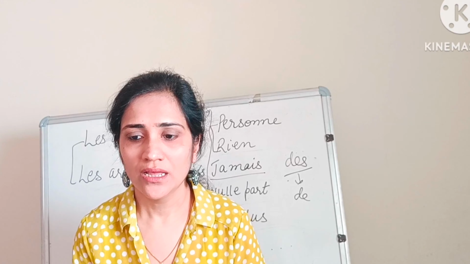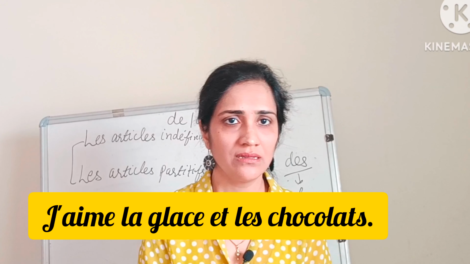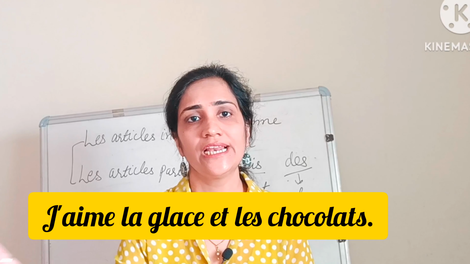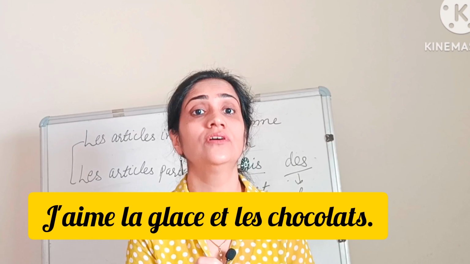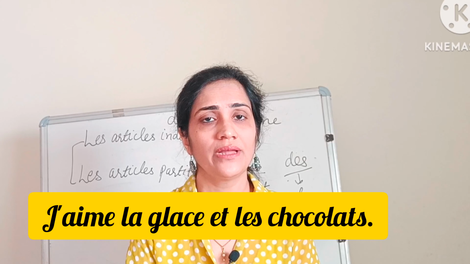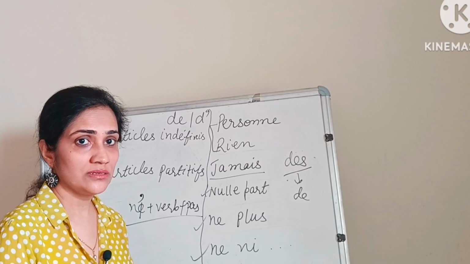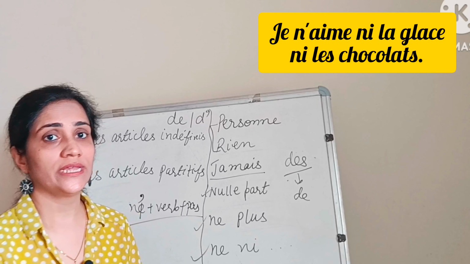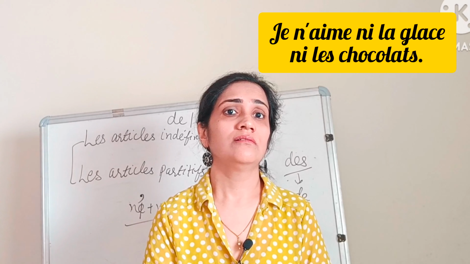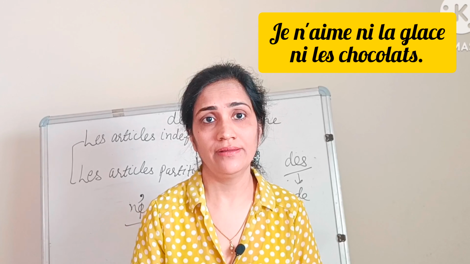Like, if you have to say, j'aime la glace et les chocolats. I love ice cream and chocolates. So how can you use it? Je n'aime, now you are using the verb, je n'aime ni la glace ni les chocolats.